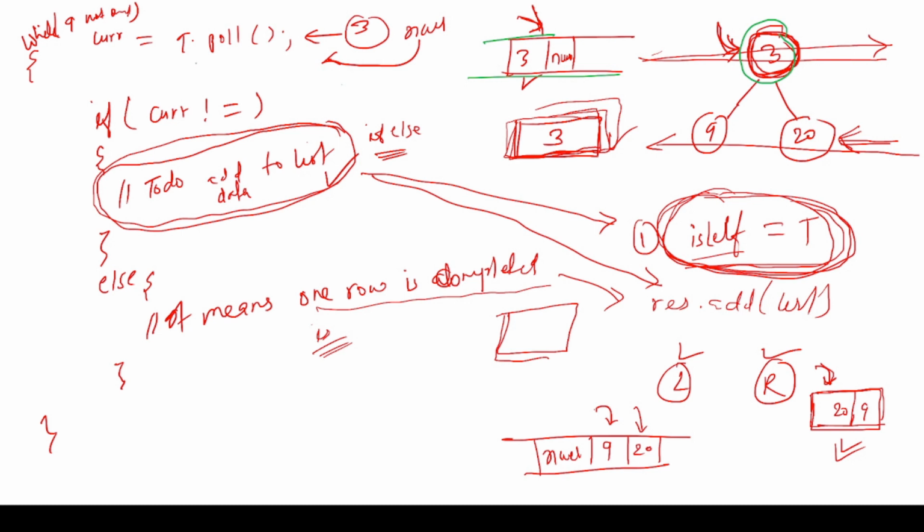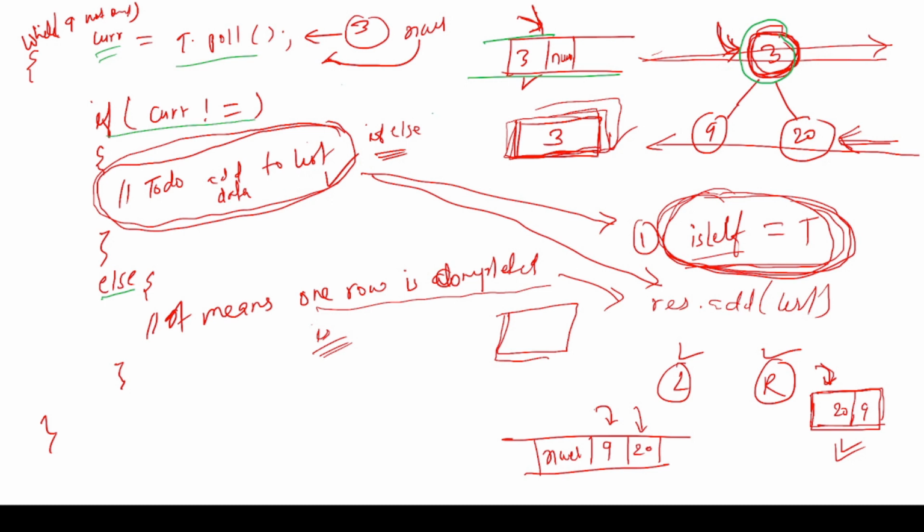Until the queue is empty, we will remove one element from the queue and say this is current. If current is not null, we are still in a row. If current is null, it means we have completed one row. Otherwise, we say we have not completed the row.